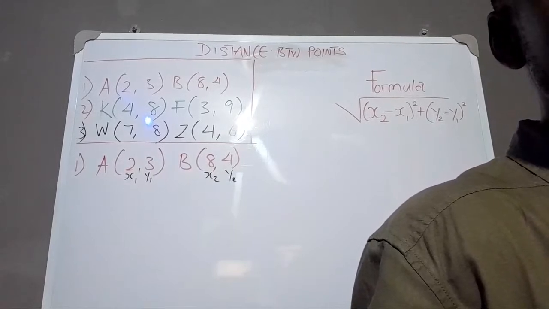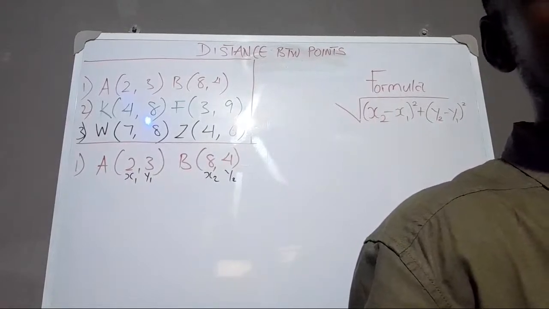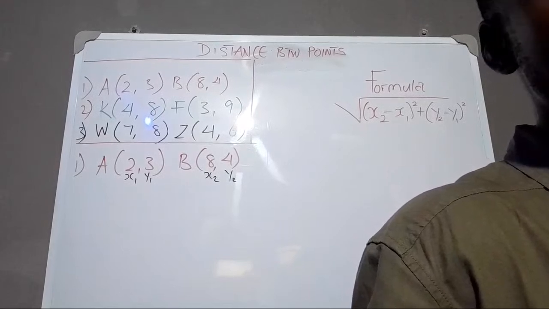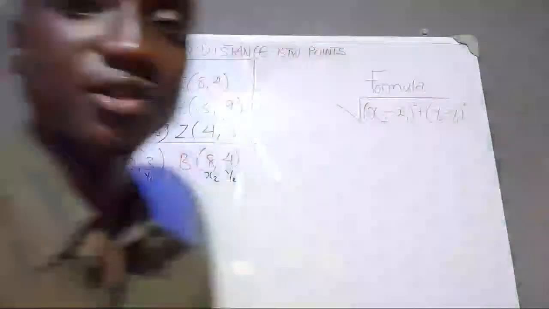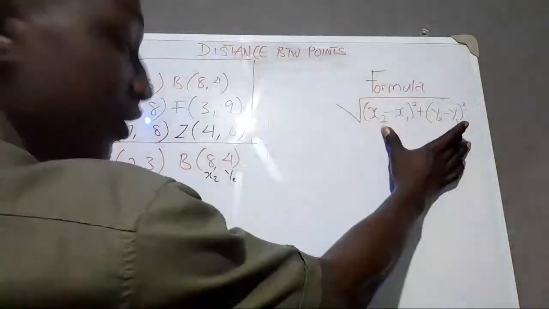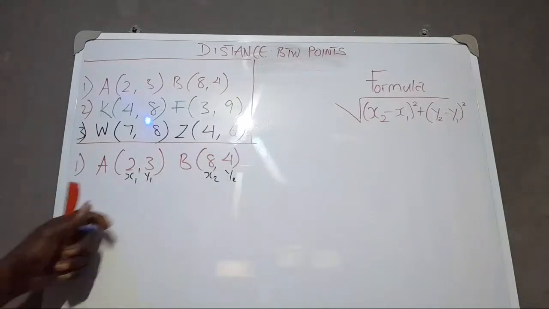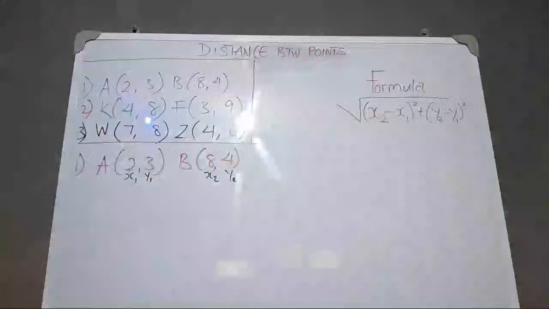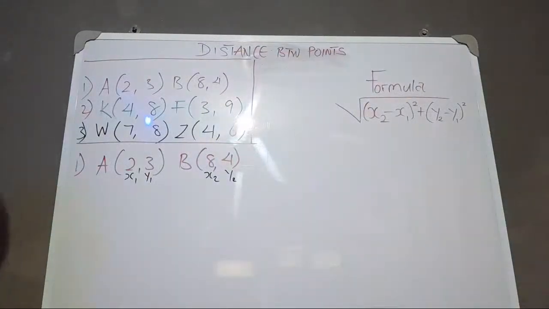So with this said, let's just proceed. Now we are plugging this into this formula. Since we already have what our x1 and y1 is, and x2 and y2 is, we just go ahead by saying, okay, choose the red marker.